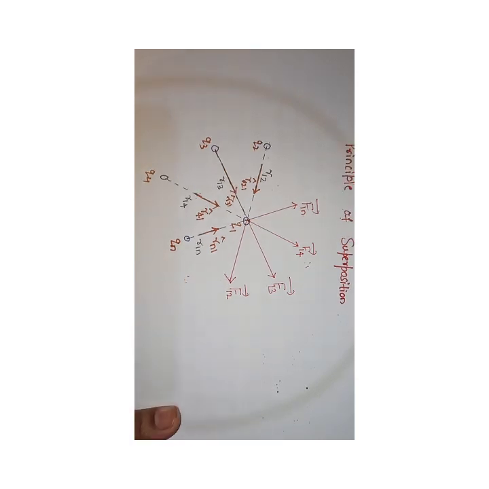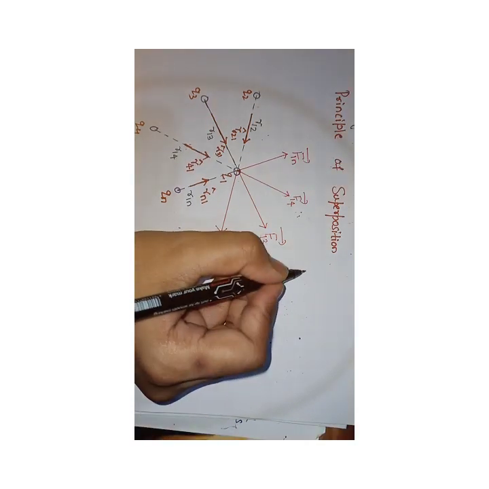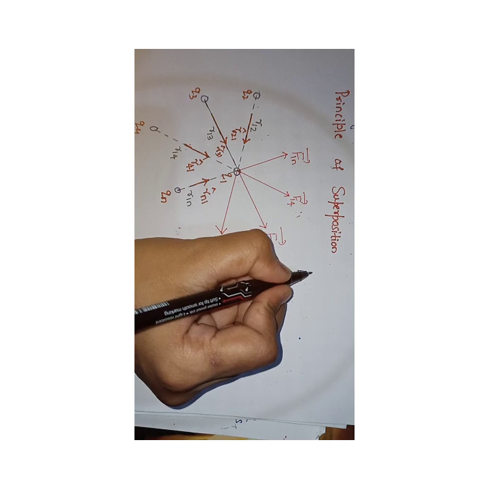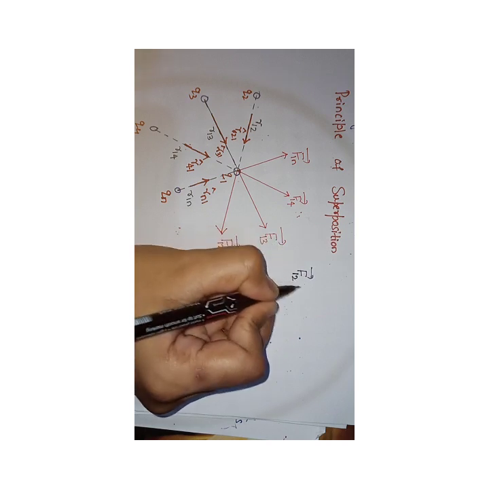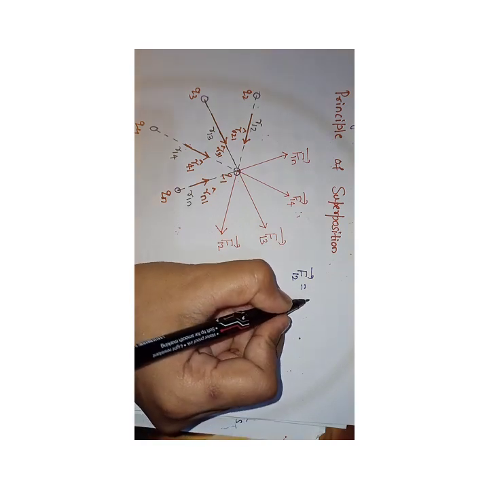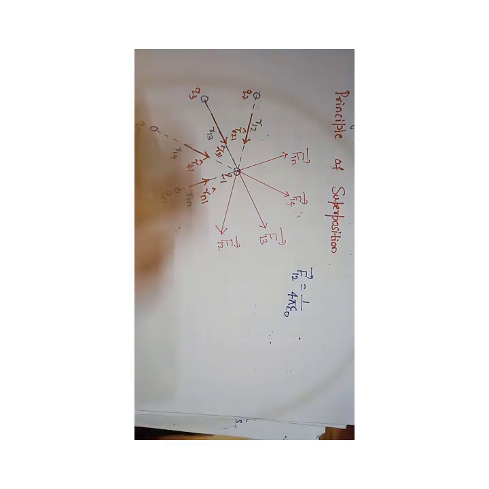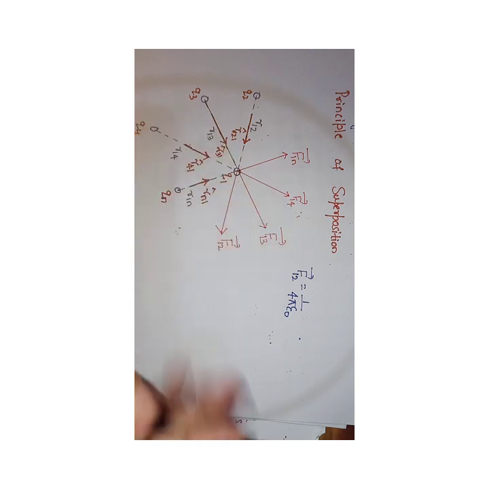So now, by applying the principle of superposition, we'll find the force between multiple charges. First, you have to find vector F12 directly by applying Coulomb's law. What does Coulomb's law state? The equation we have, this is in vacuum or air or free space you can consider.